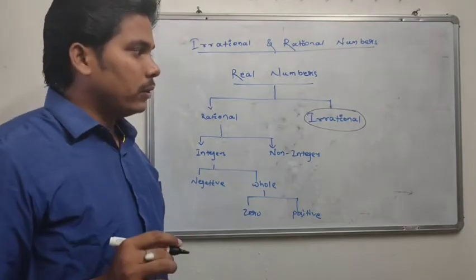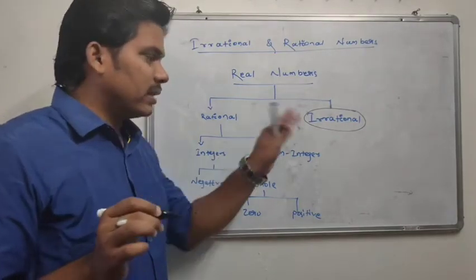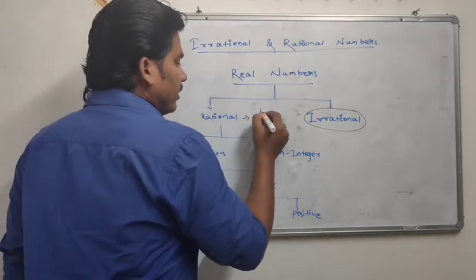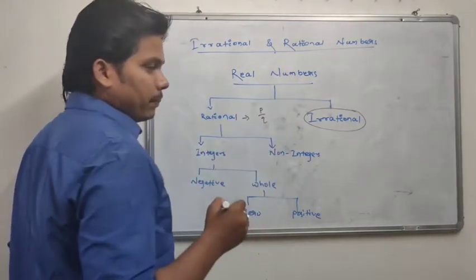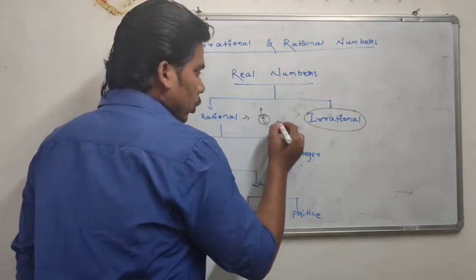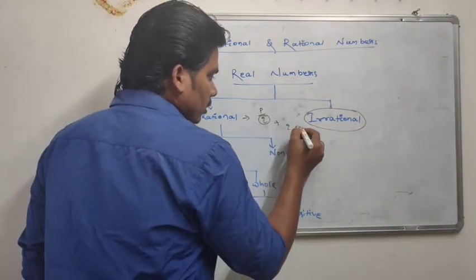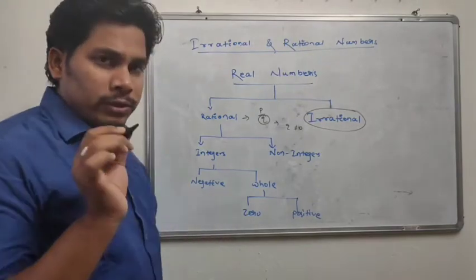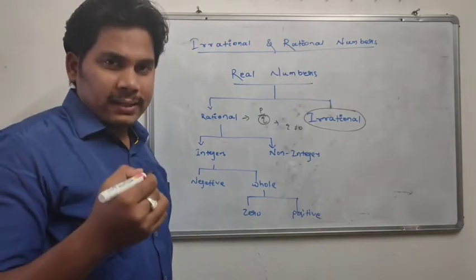First of all, I want to tell you what is a rational number and what is an irrational number. A rational number is a number which we can express in the form of p by q, where q should not be 0. You may think, sir, if q is 0, what is the big deal?